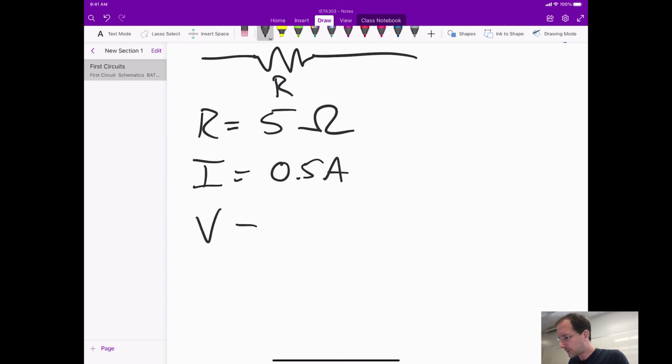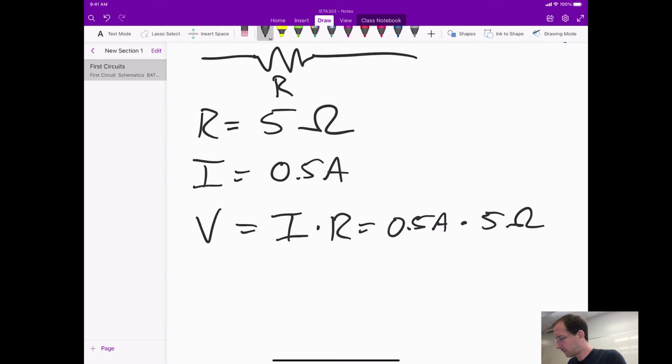Then what's the voltage that is going through here? And so we know that voltage is equal to current times resistance, which is 0.5 amps times 5 ohms, and that's going to be 2.5 volts. Some nice easy numbers.